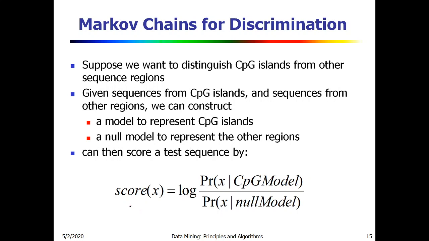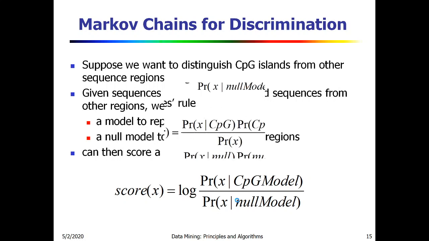You can do that by modeling the CpG islands and a null model for the other regions. How do you score that? By taking the log probability of the CpG model and also the null model.